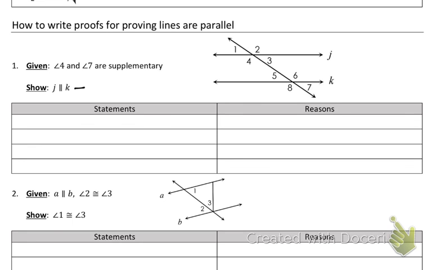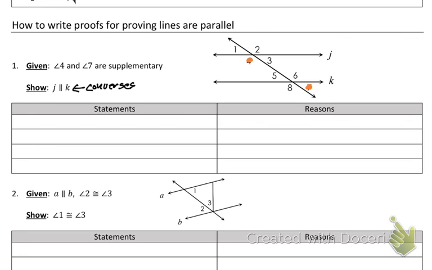So I know right now I must use converses to prove that those two things are congruent. So what I have to realize is I'm at 4. Let's highlight 4. I'm also at 7. We have 3 converses that prove lines are parallel. We have alternate interior angle converse that says if your alternate interior angles are congruent, then you have parallel lines.